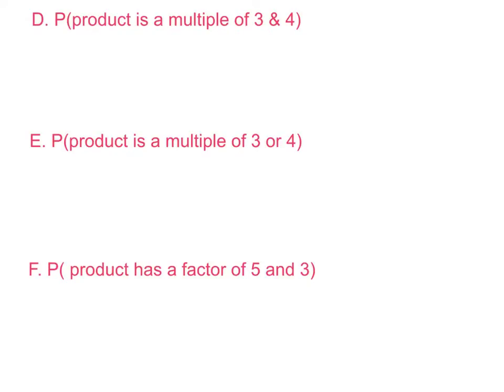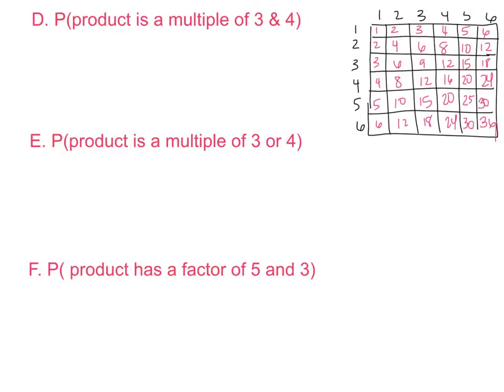So now let's try some more. We still want to use that same chart that we've used for the last one, so I put it back up there for us to use. So now what is the probability for part D? The product is a multiple of 3 and 4. So we want to find things that when you multiply by 3 and 4, you are going to get the answers.